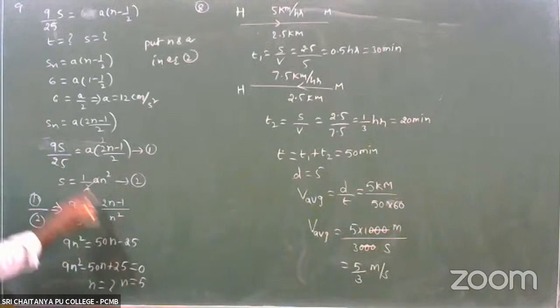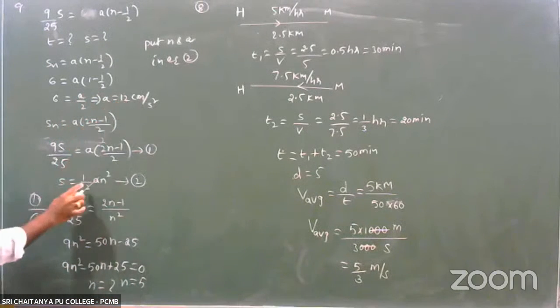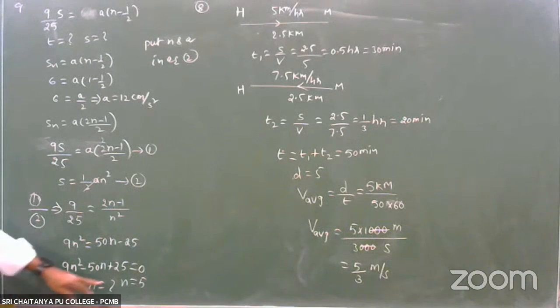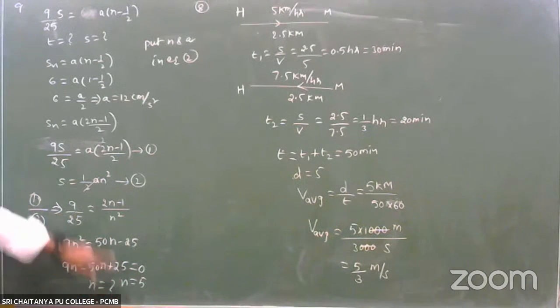To get S, substitute the n value and the a value in equation 2. Put n value 5 and a value 12 in equation 2, then you will get S. n is the total time, so the total time is 5 seconds.